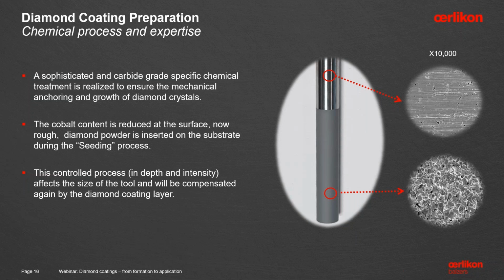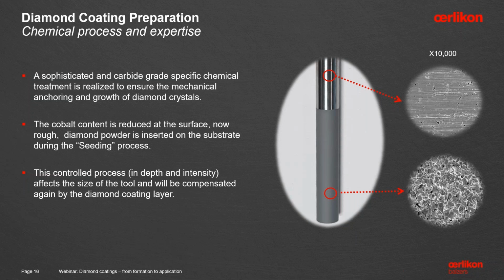The effect of removing the cobalt here is to be able to insert some diamond powder, or I would say little babies, to start, and also mechanically then to grow the diamond into this structure to ensure a mechanical binding between the diamond coating and the carbide.